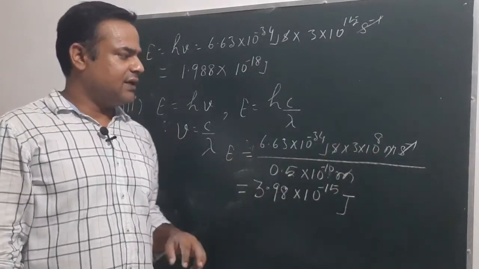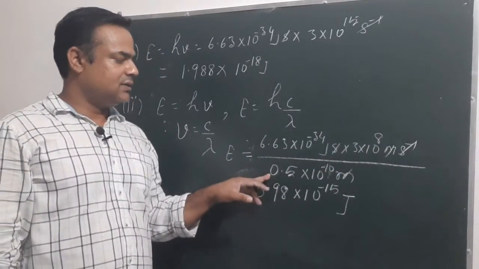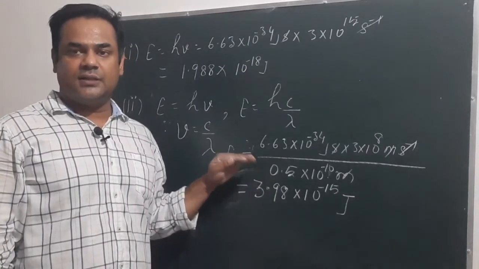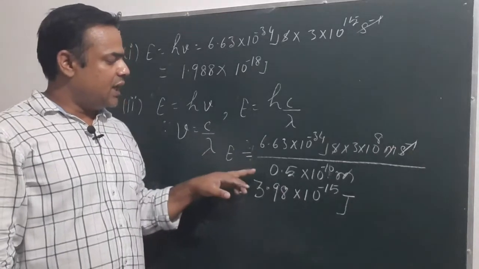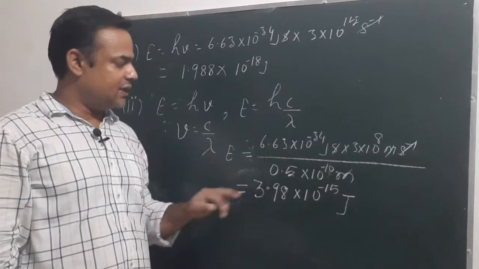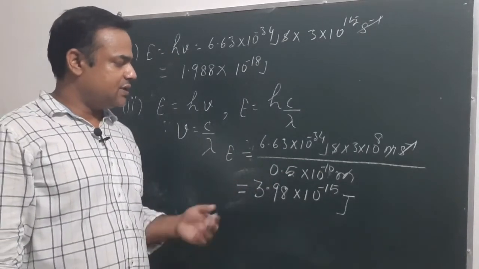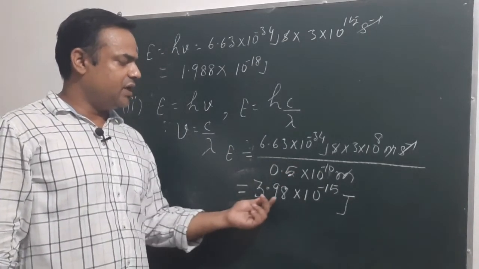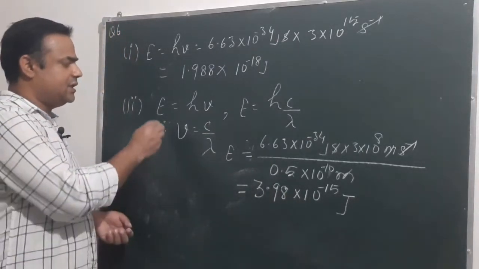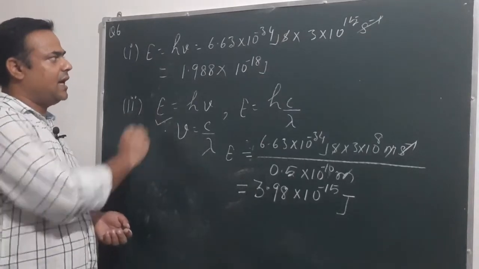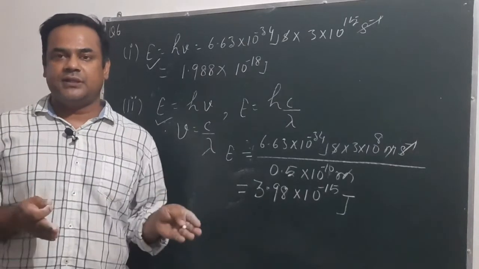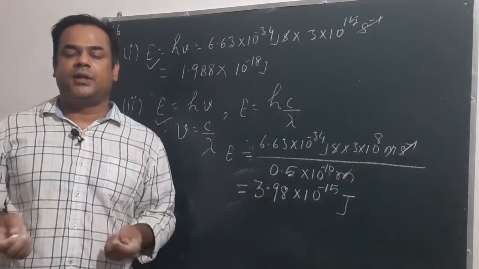From here second will cancel out, and wavelength is 0.5 angstrom, but here we have to write this wavelength in SI system, that is in meter, and for doing this the multiplication factor is 10 to the power minus 10. So 0.5 into 10 to the power minus 10, if we divide by this value, we will get 3.98 into 10 to the power minus 15 joule. So this will be the energy when wavelength is given, and the earlier one is the energy when frequency is given. So whether frequency is given or wavelength is given, we can calculate energy of photon.